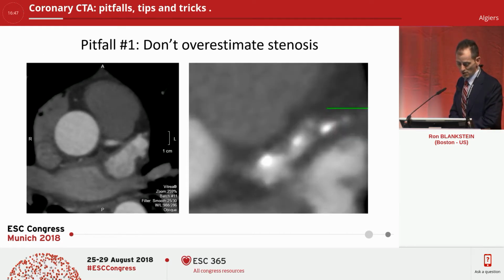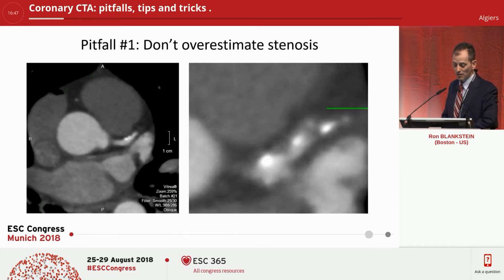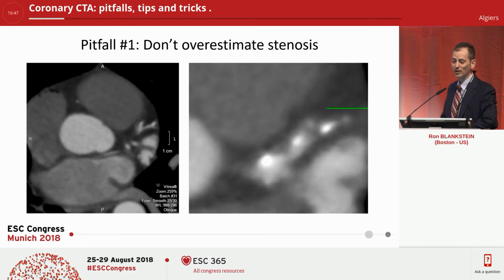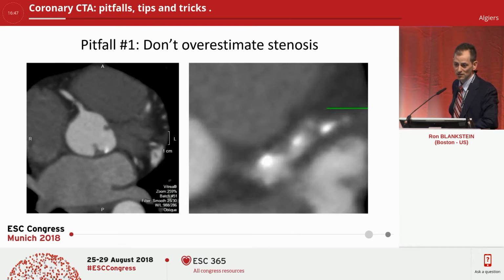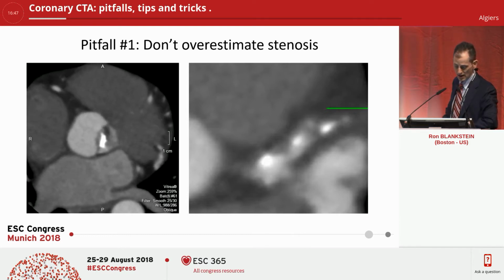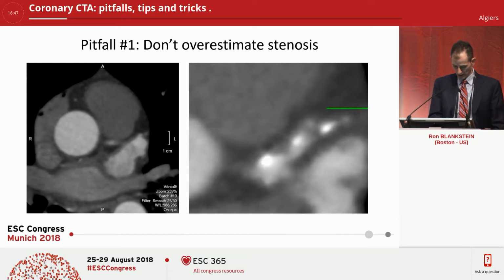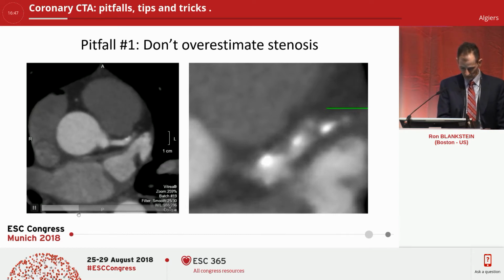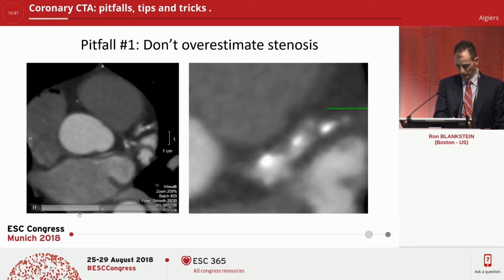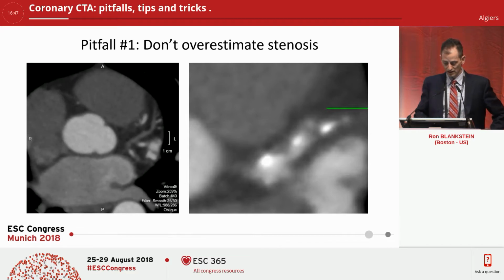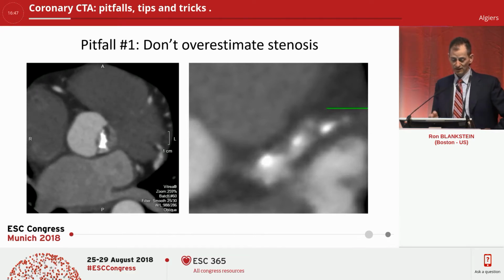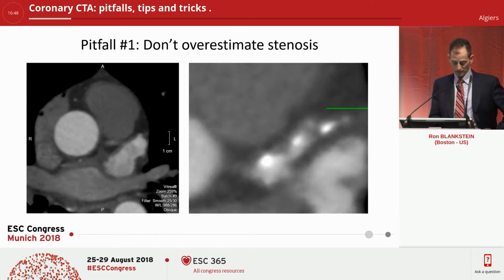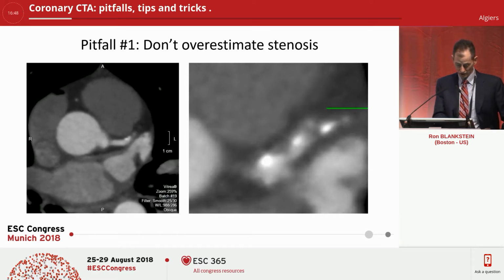So now moving on to pitfall number one, which is don't overestimate stenosis. There are many reasons why we sometimes can overestimate stenosis with coronary CTA. In this particular case, we see the axial images. On the right side of the screen is an image from the proximal LAD, which may appear like a proximal severe stenosis on initial sight.